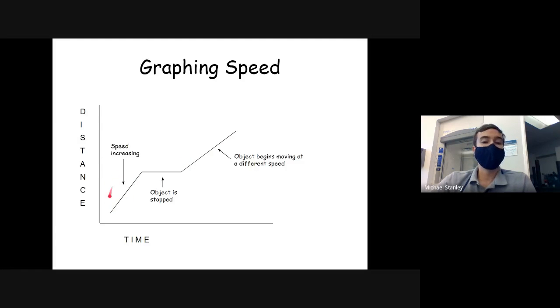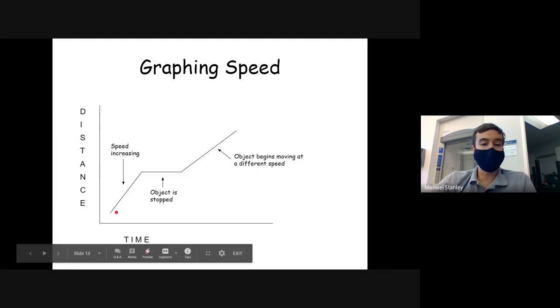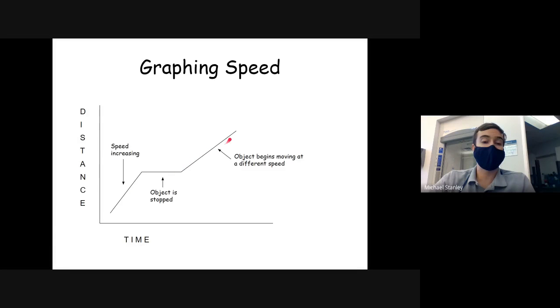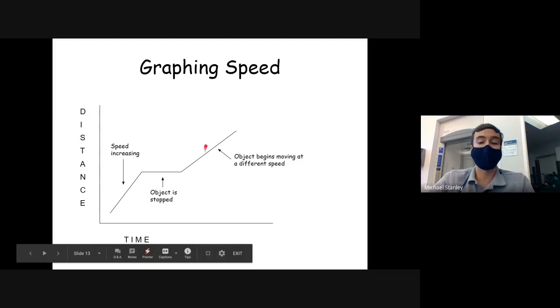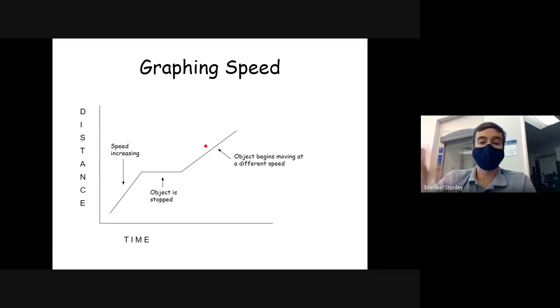So notice that right here we have a faster speed because we're covering a lot of distance in a certain amount of time. Over here we have a slower speed, right? This line is not as steep. It's not going up as quickly, which means that it's taking a longer time to cover a certain distance. So if the distance goes down and the time goes up, that means our speed is down as well.